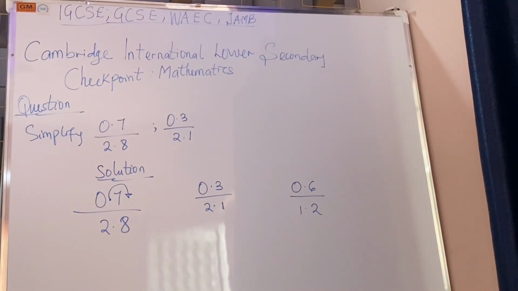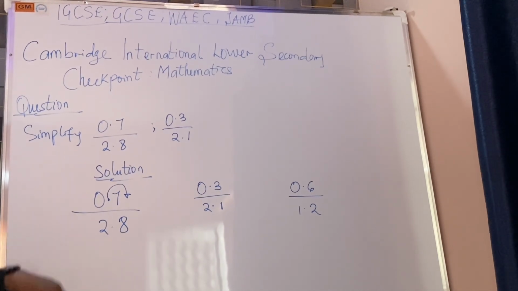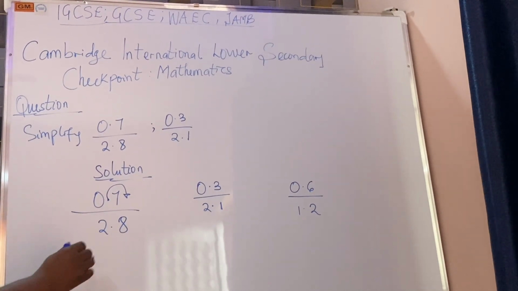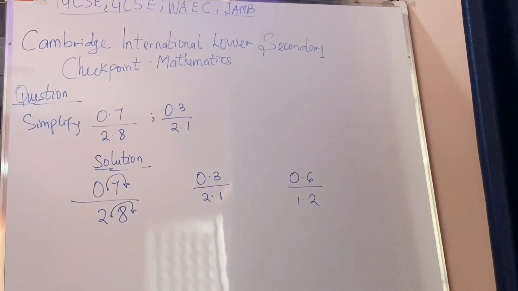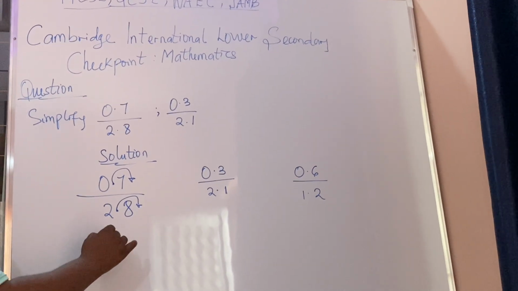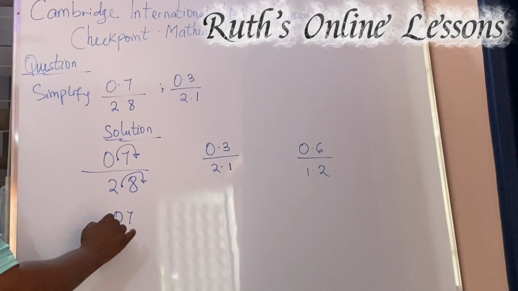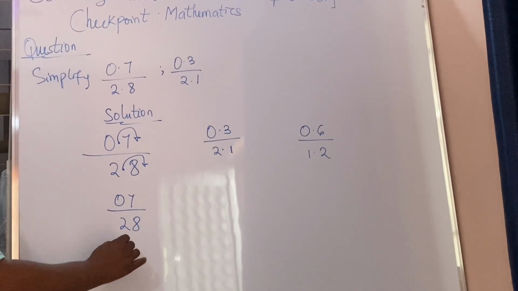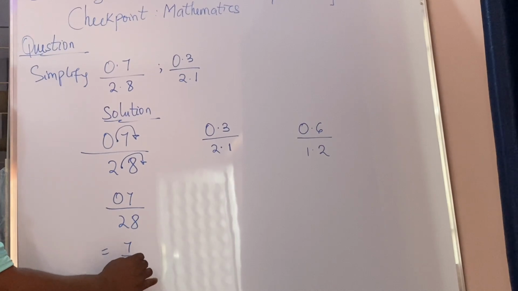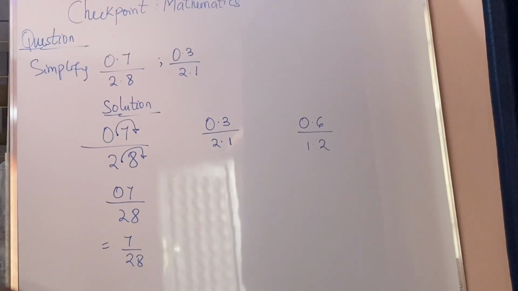Whatever we do to the numerator, to be very fair, we also do the same to the denominator. So we're going to move this decimal point from this point to this point. And that would mean 7 over 28. So we've gotten 7 over 28.